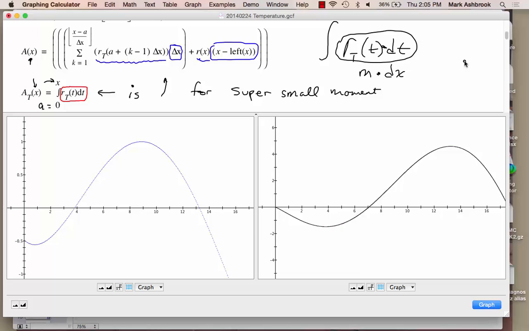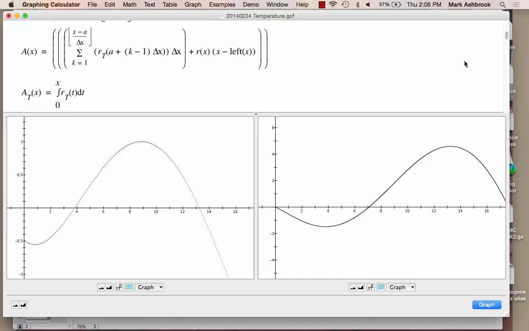That's what it means, summing up a bunch of dy's continuously for super small intervals. I hope lots of you had that in your mind. That's the key idea of all this. When we make the moment really small, we can use the integral notation, and it's small enough that we're talking about exact accumulation.